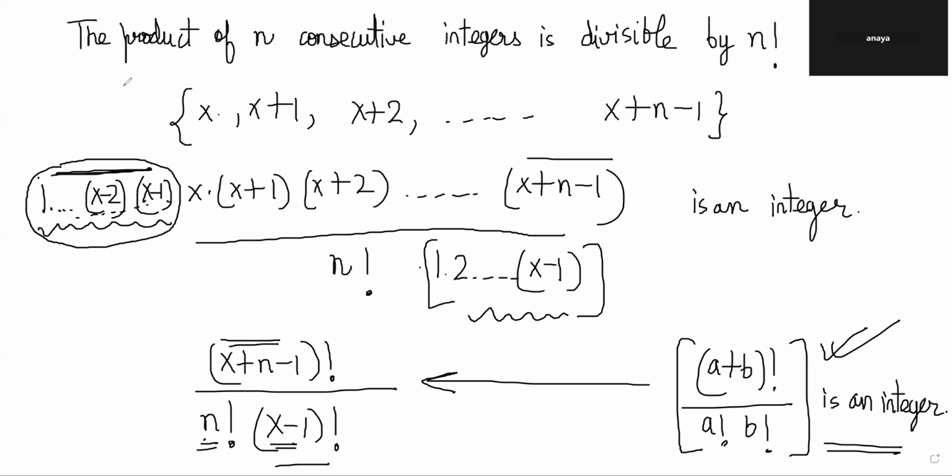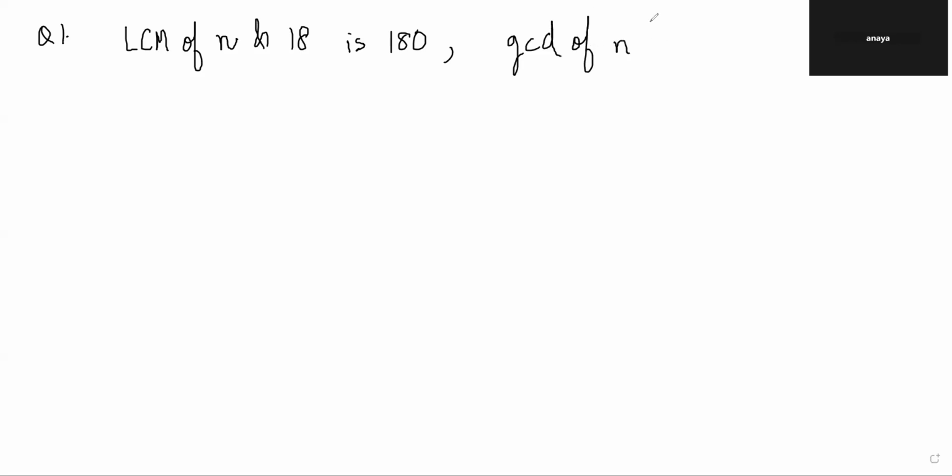Fine. So we'll do some questions from AMCs. So first one is: LCM of n and 18 is 180, whereas GCD of n and 45 is 15.